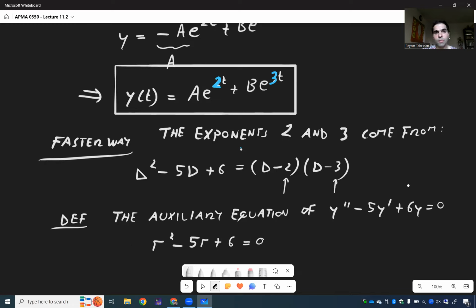Usually it's d squared minus 5d plus 6, but you will see it's more common to write this in terms of r. So all you do, you replace the second derivative by r squared, the first derivative by r, and then y by nothing.